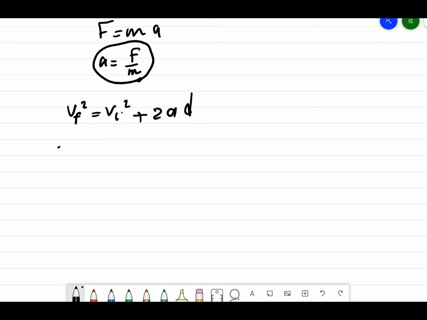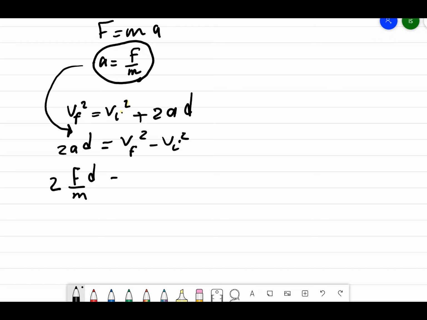So we can write 2ad equals v final squared minus v initial squared. Let's use a here. So 2 times F over m times d equals v final squared minus v initial squared.